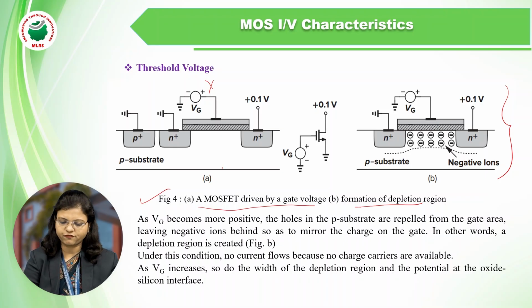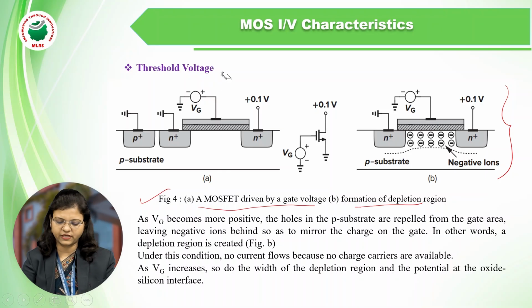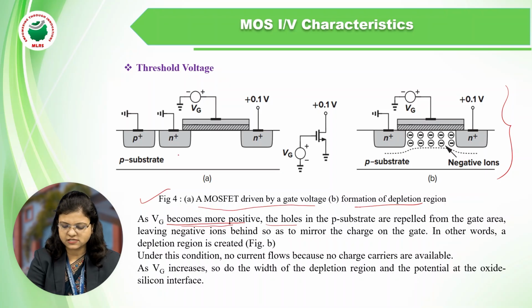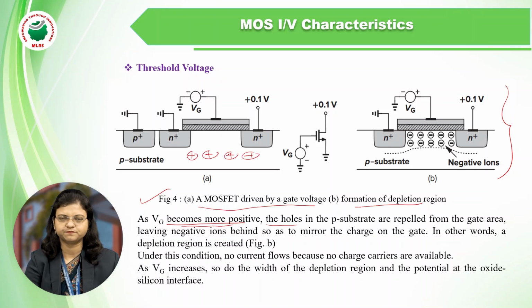Now if VG is positive, whereas previously we were not considering any VG, or VG is negative, in that case there is no activity in the device, and the device will be turned off. But as VG becomes more positive, what will happen? As it is a P substrate, there will be holes in this region.